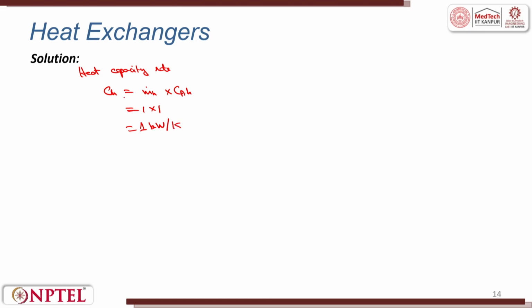Heat capacity rate for the colder fluid is m dot C into Cp_c, this is equal to 1 into 4, which is 4 kilowatt per Kelvin. Therefore, C minimum is C hot, that is 1 kilowatt per Kelvin.